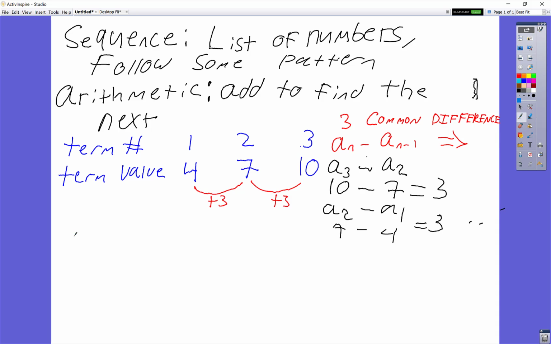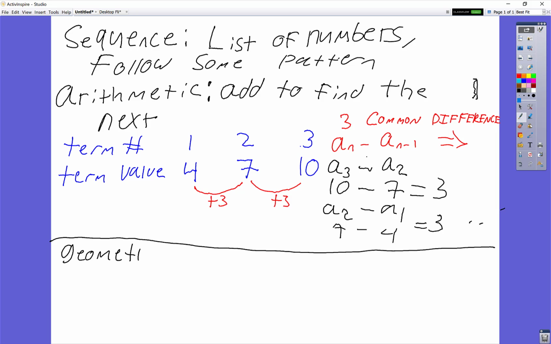The next is a geometric sequence, and instead of a common difference, you have a common ratio.